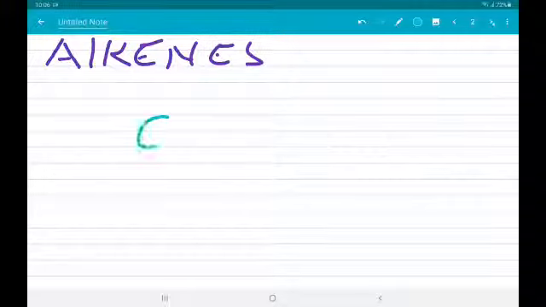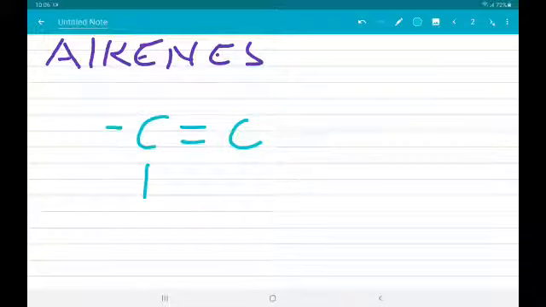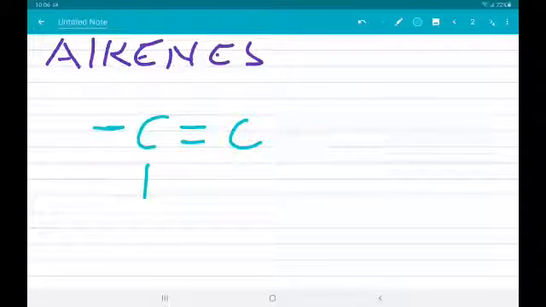So let me again start with two carbons. In alkenes, how many electrons are shared? 2 electrons. So I represent it with two lines. Two lines means 2 plus 2, 4 electrons have been shared. That means each carbon is still left with two more electrons, which I will represent with the line.